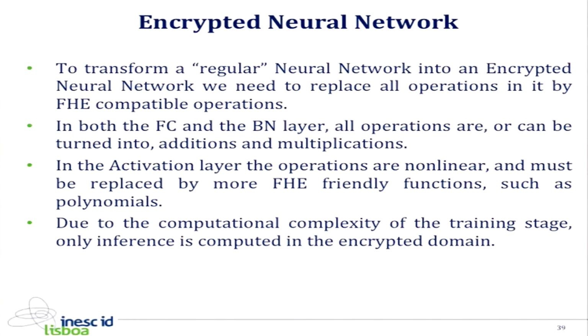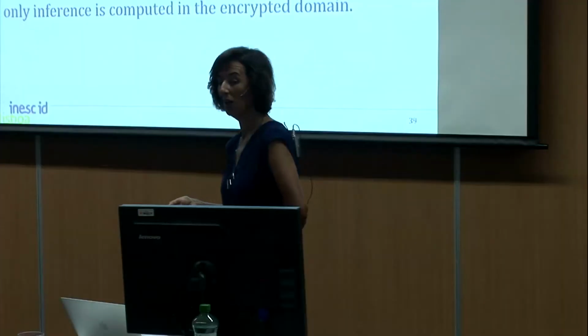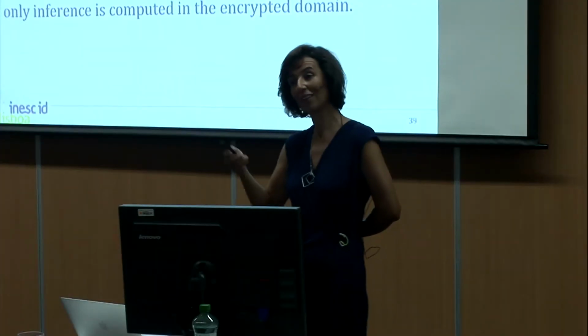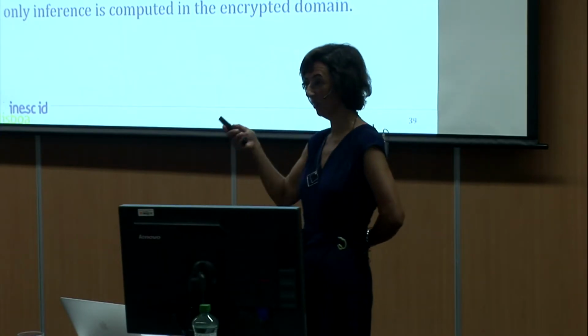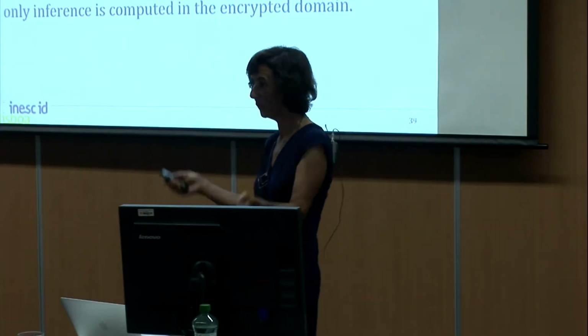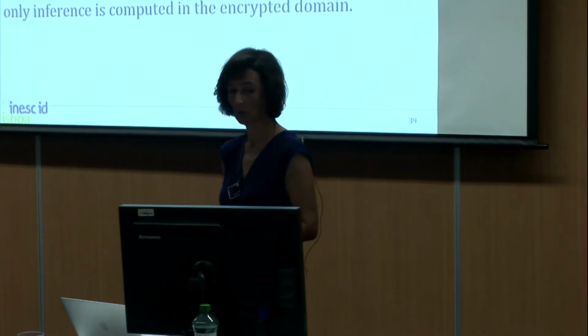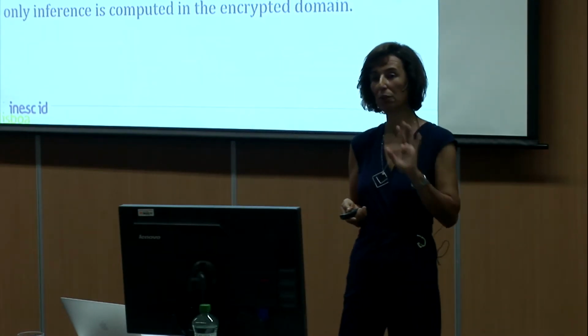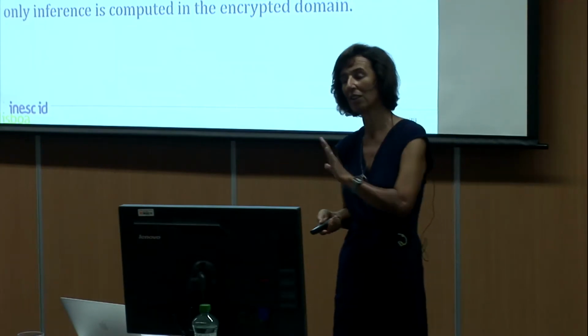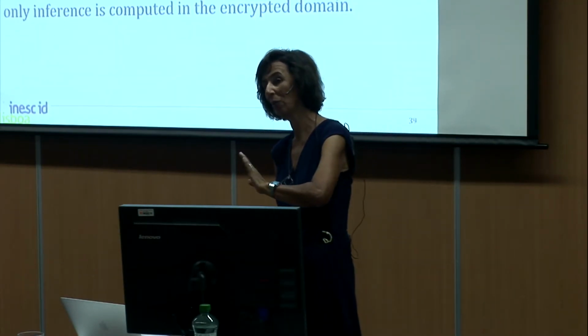To transform a normal neural network into an encrypted neural network, what we need to do is to replace all the operations by their encrypted counterparts. And because of the fully homomorphic property, we know that this will provide the same results. So this brings no problem in the fully connected layer and in the batch normalization layer.